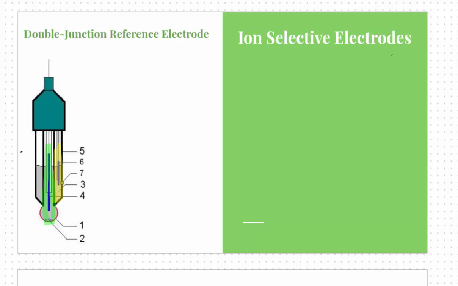And what happens is we can end up forming a small potential difference there because of the two junctions. Although it's unlikely that we can measure that small junction potential, we can measure the differences in the ion concentration outside of the electrode.